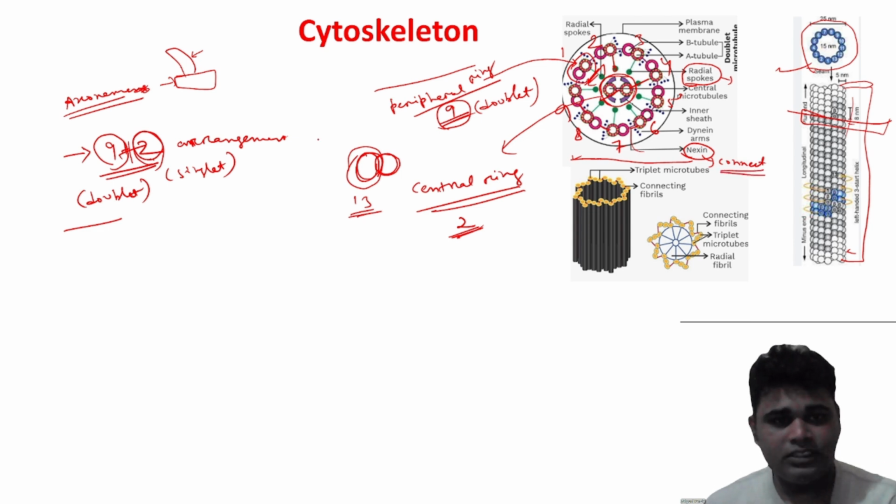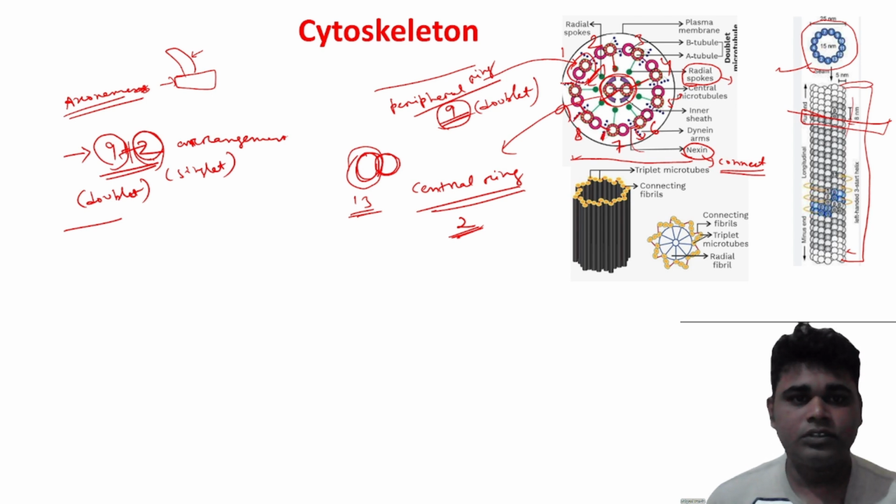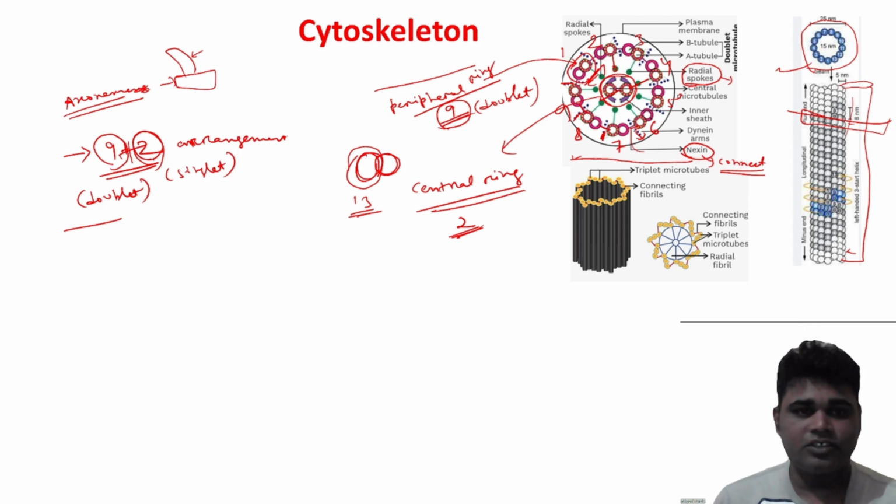Now to this peripheral link structure, a structure like this is present. Here the 3 dots, this is a very important structure, called the dynein arm.